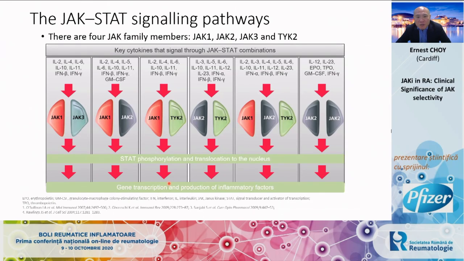Importantly, you will notice on this slide that for each of the cytokine families, they tend to use different JAK isoform pairs, which are depicted with different colors.